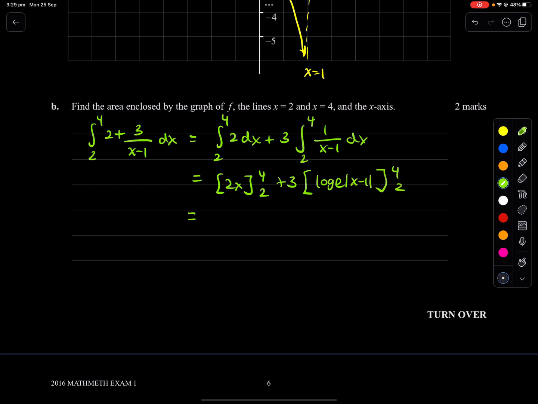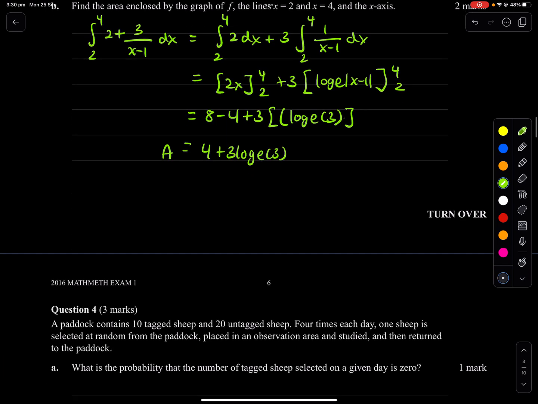And that'll be 8 minus 4 plus 3 times log e 3 minus log e 1, which is just 0. Let's cancel that out. So 8 minus 4 is 4, plus 3 log e 3. That's your area. Done.